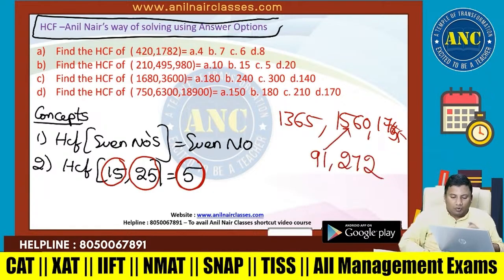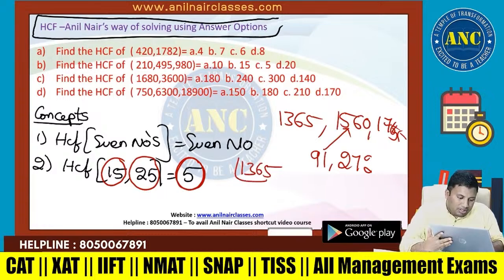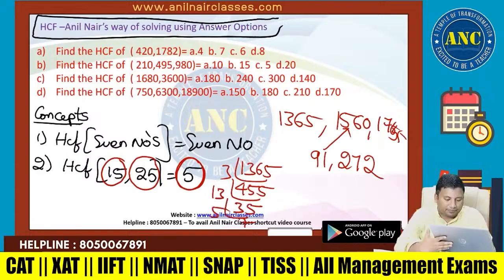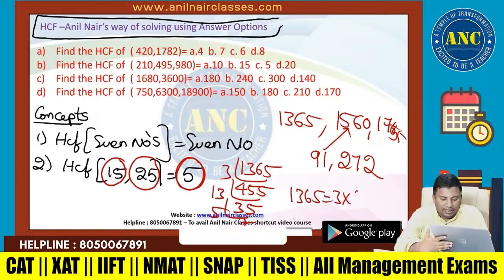First I will answer that question, because if a doubt is good, we should discuss it. 1365: 3 fives are 15, 3 13s are 39, 5 7s are 35. So 1365 is 3 into 13 into 5 into 7.